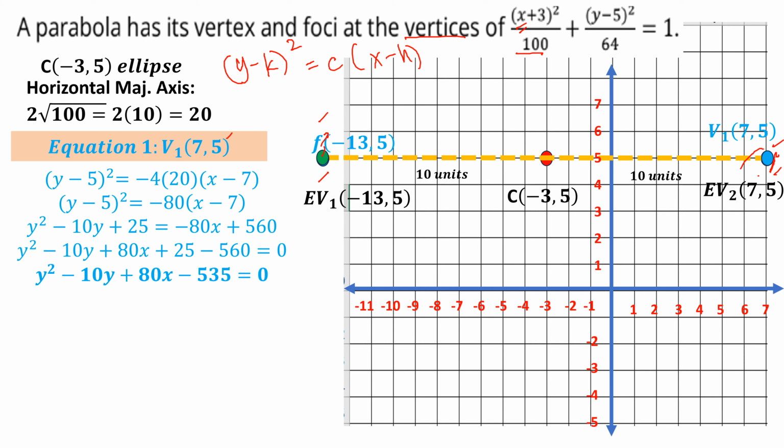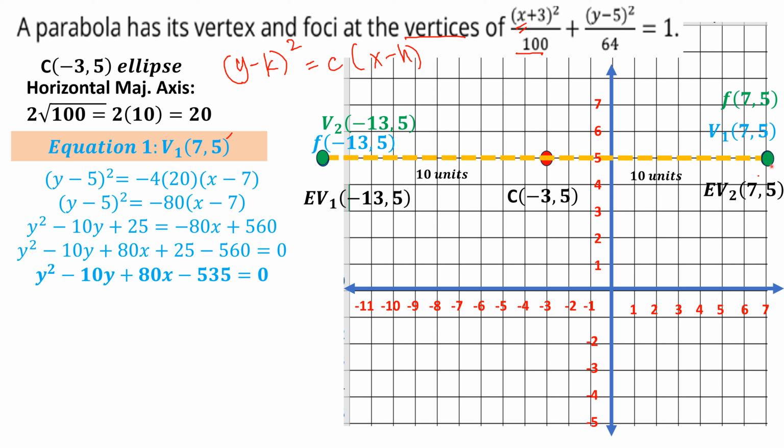Now, since we were able to get the equation of the first parabola by using vertex 1 as our vertex and vertex 2 of our ellipse as our foci, this time we will be getting the second equation using our vertex 2. If this will be our vertex 2, remember that this will be our foci.